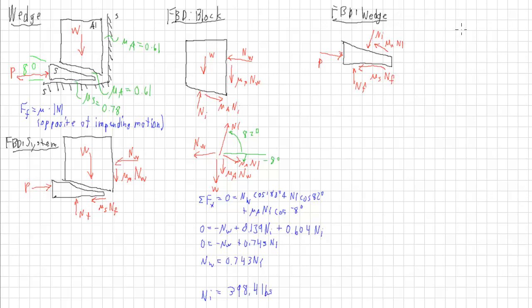I'm going to redraw these forces here so you can look at them a little easier to do our equation. So here's our P. It might be a little bit tougher to make our angles here, but with respect to the positive x-axis, our frictional force at the interface is 8 degrees less than 180, so it's 172 degrees.